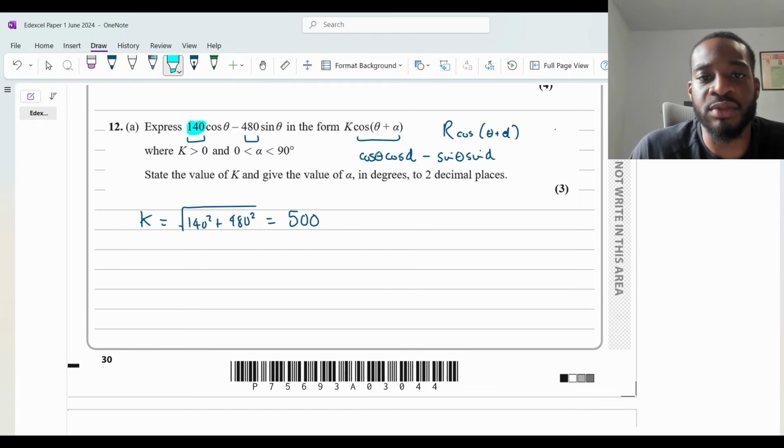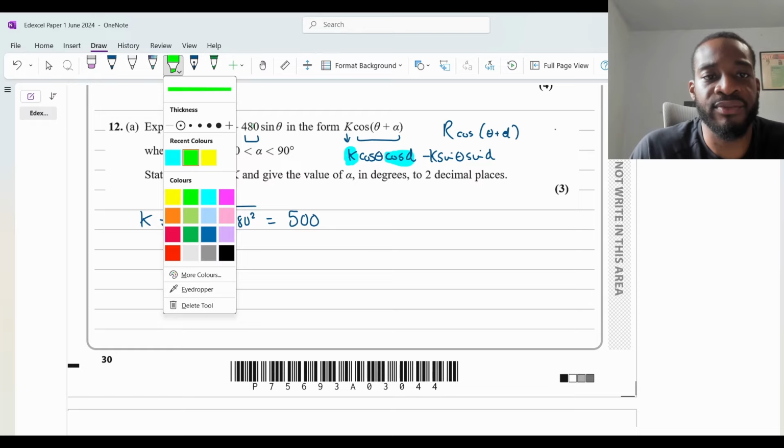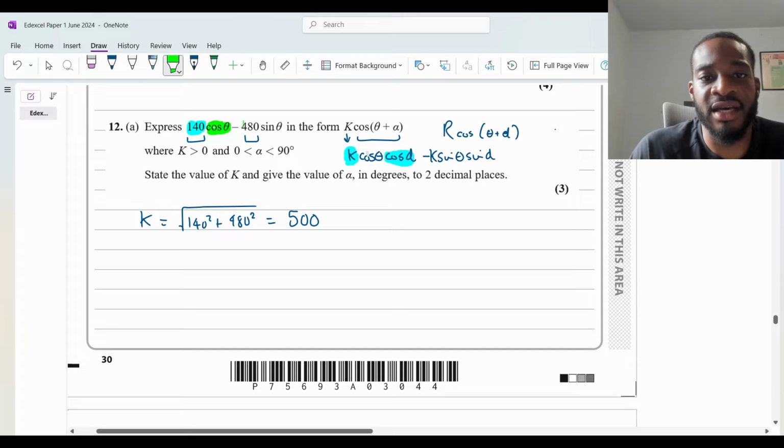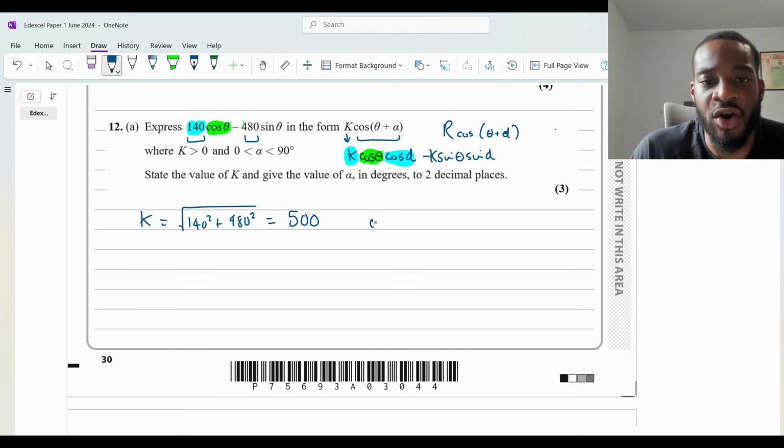So that tells me that this cos alpha here, which will have a k as well if I times it by k at the front, so the coefficient k cos alpha is 140, because that is with cos theta there, cos theta there. So what I say in my head is that the coefficient for cos is equal to 140.